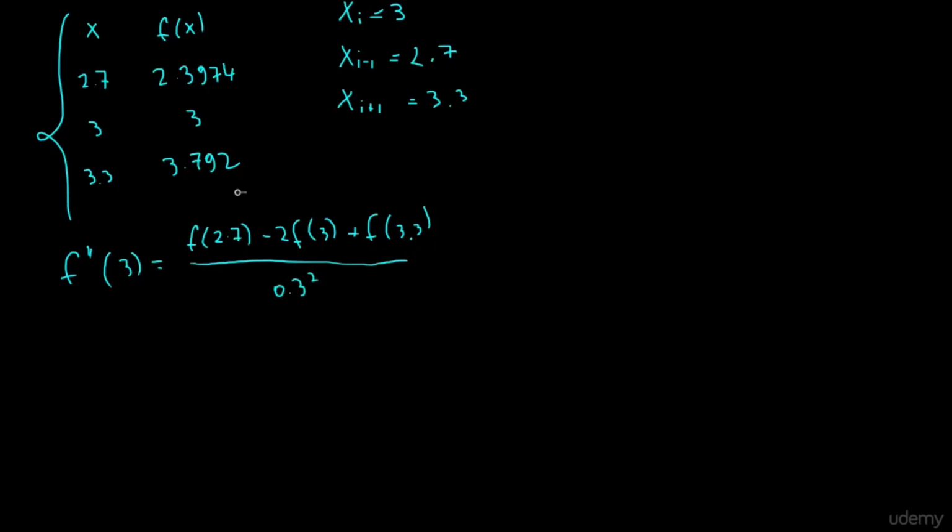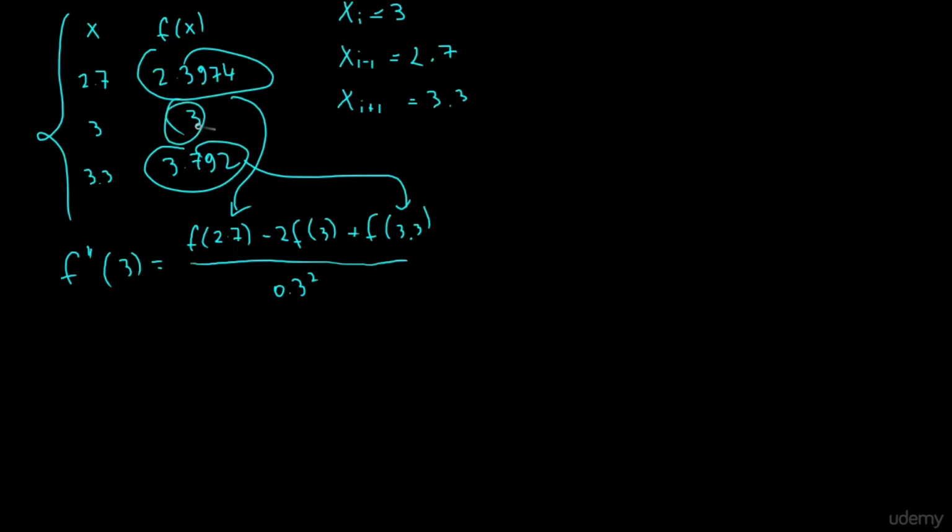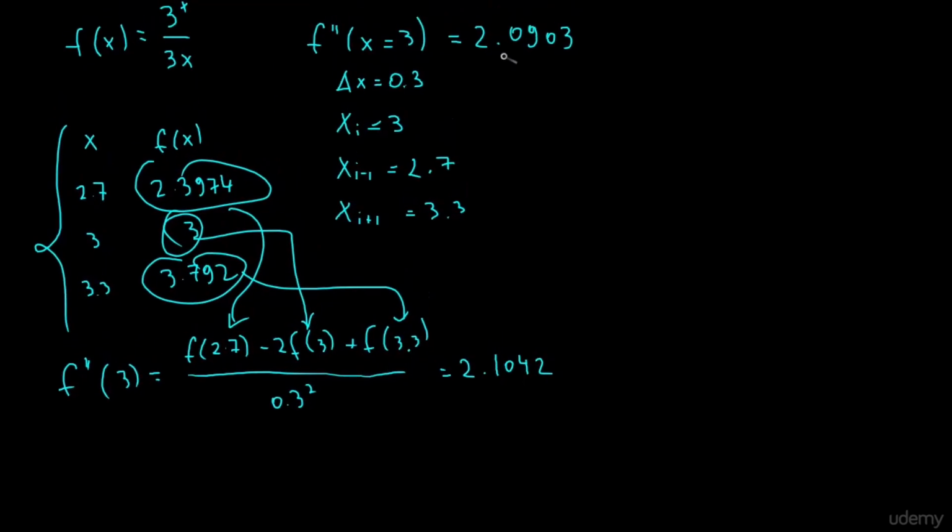And we already have these values. So this value goes in here, this value goes in here, and this value obviously goes in here, and we plug those in, and the value we get is something like 2.1042. So you can see that it's reasonably close to this value. It's not exactly the same.